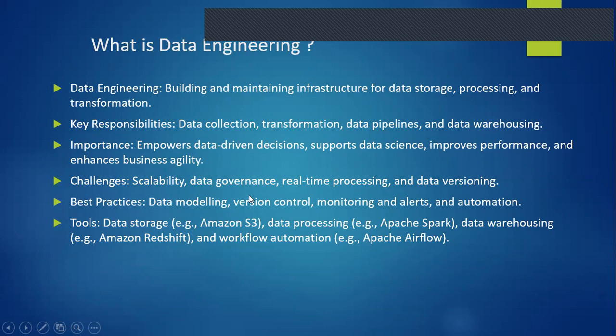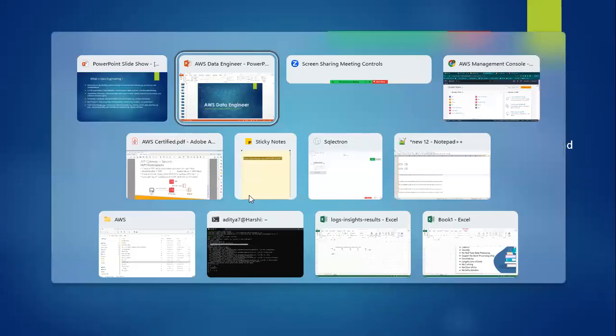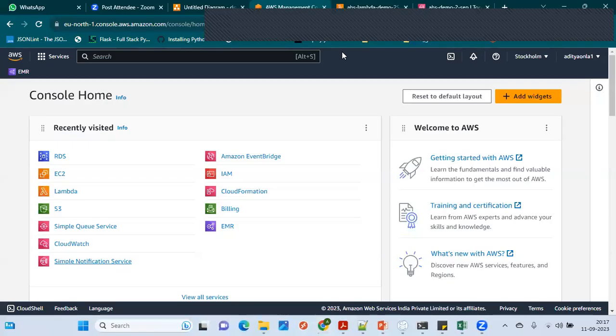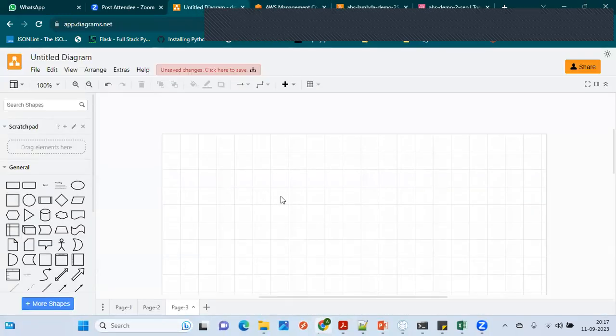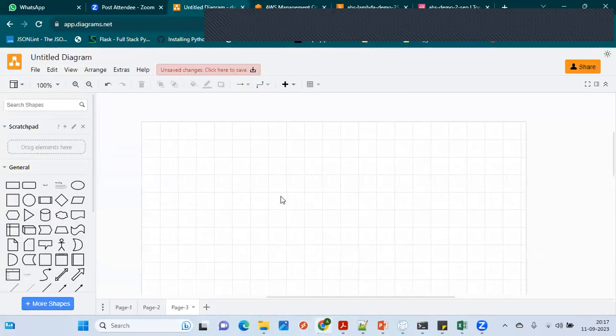I'll take one example of real-time data processing, the real-time data-driven decisions that we have to make with the help of data, and what we need to do as data engineers. Let me walk you through one example. All of you may have heard about Twitter. Twitter is a platform used to share our opinions and views.